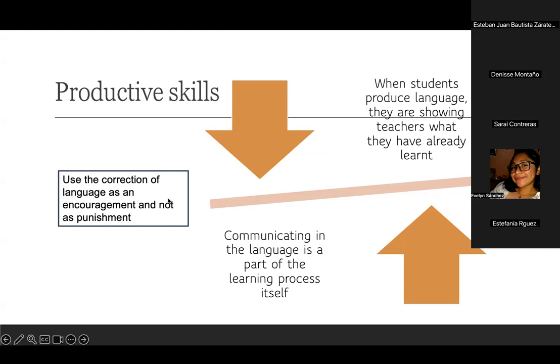However, the idea is that the use of correction of language will or should be considered as encouragement, not as punishment, as I mentioned. The idea is that your students try to identify what were the mistakes they produced when speaking and when they are writing.